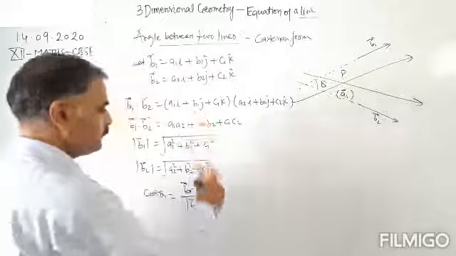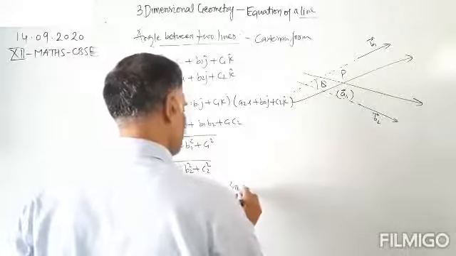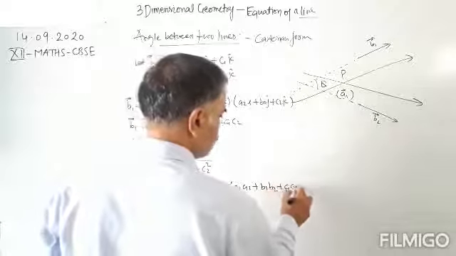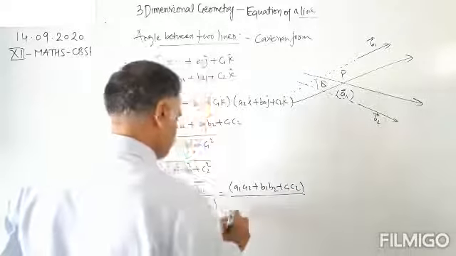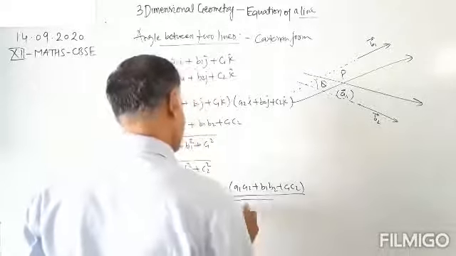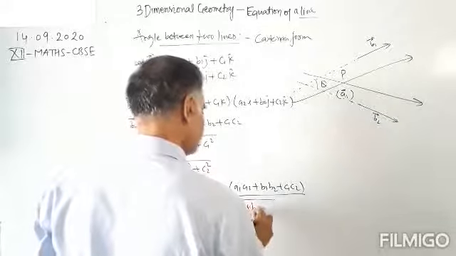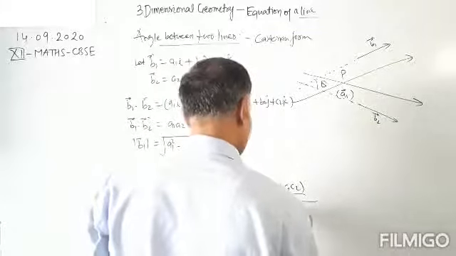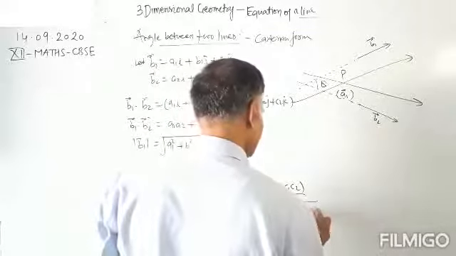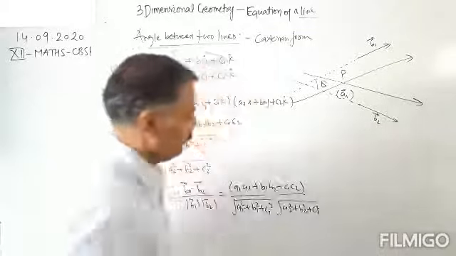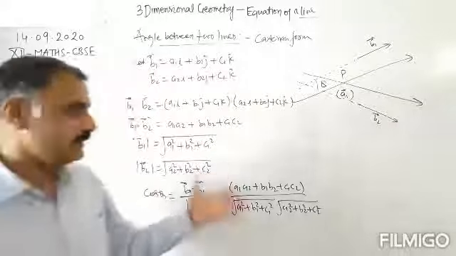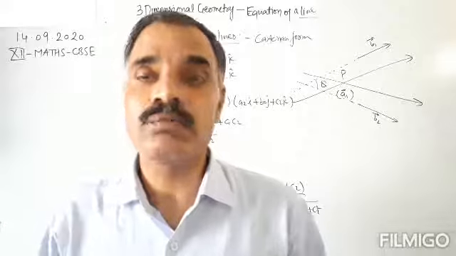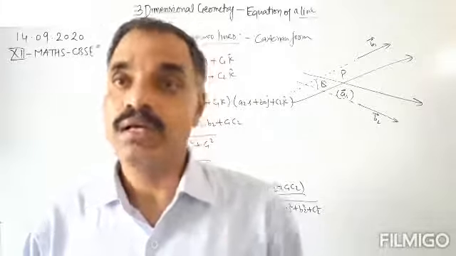So putting all these values here, we will have A1 A2 plus B1 B2 plus C1 C2 upon under root A1 square plus B1 square plus C1 square multiplied by under root A2 square plus B2 square plus C2 square. So this is the Cartesian form or the component form of the angle between two lines.